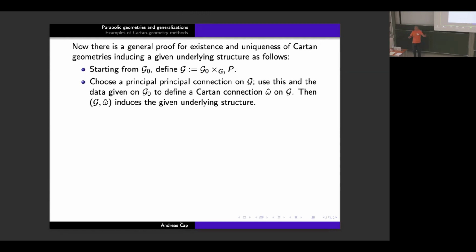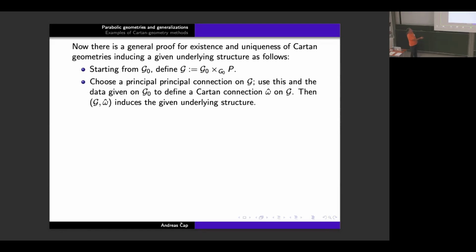Then you start making choices in order to endow this bundle, with its extended structure group, with a Cartan connection that induces the given underlying structure. If you allow yourself to make choices, this is completely trivial. You choose a principal connection on, I think this should say G0.